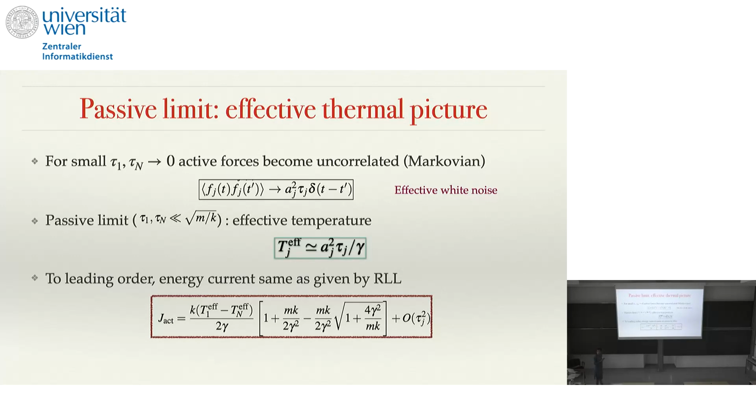So you see, both A and tau together play the role of temperature in this thermal limit. So this is the effective temperature. And in fact, if we do the calculations and take the proper limit, it turns out that in this limit one can write the current simply in the RLL form, which is proportional to the difference of the effective temperatures.